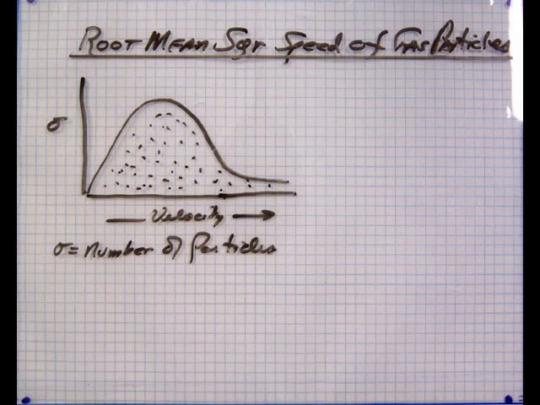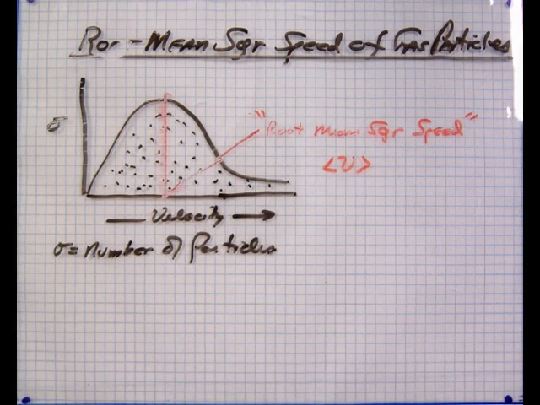We apply what is called a root mean square speed, as the title depicts, or the average speed of particles. This is an approximation of where the average speed would be.